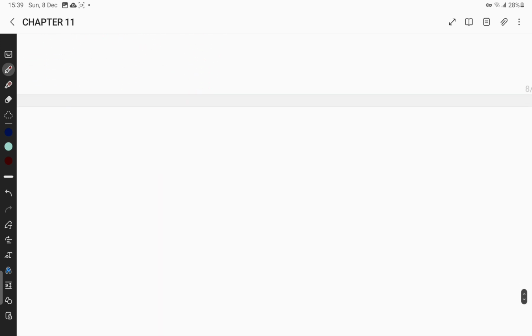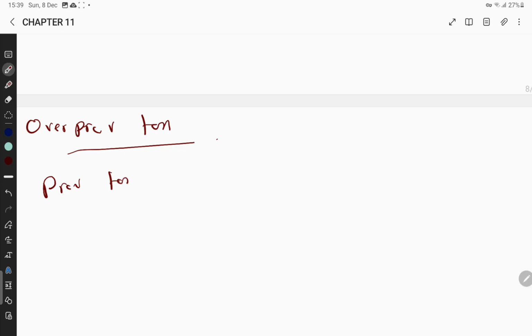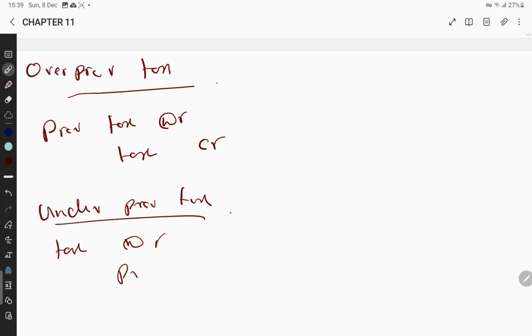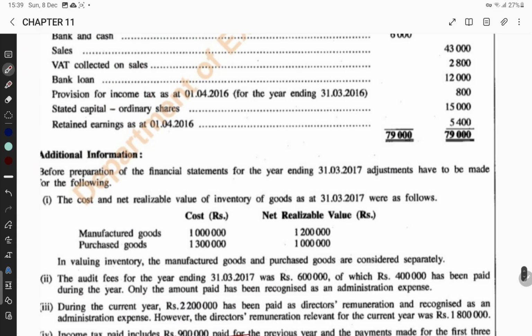If there is an over provision of tax, the provision for tax account will get debited and the tax account will get credited. If there is an under provision of tax, the tax account is debited and the provision for tax account gets credited.